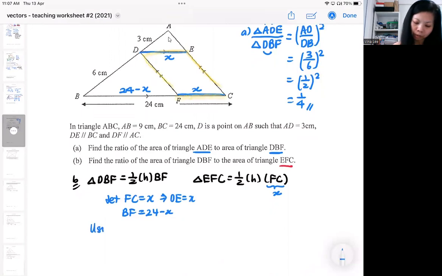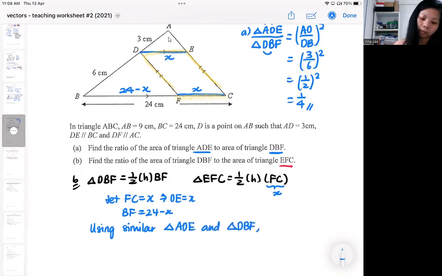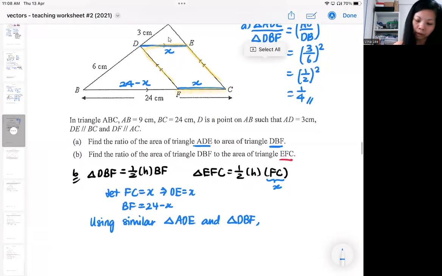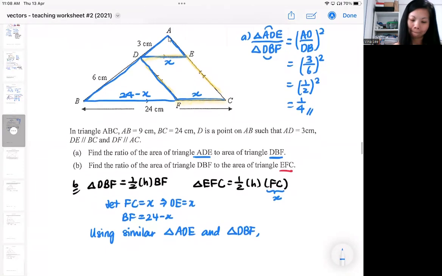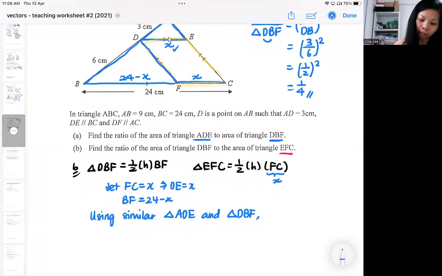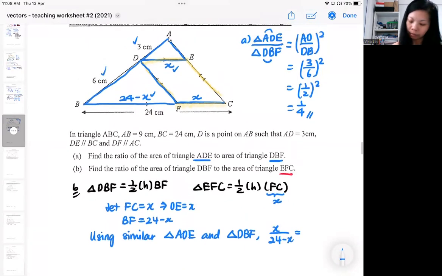And if I use the previous pair of similar triangles, ADE and DBF, and compare the base ratio, it will be the same as the side ratio.